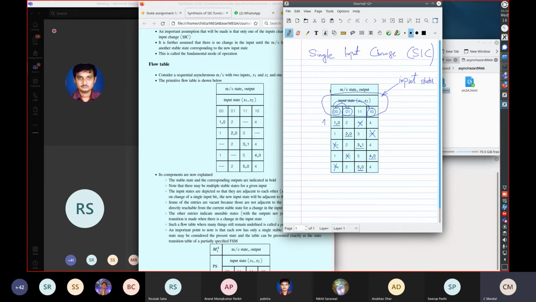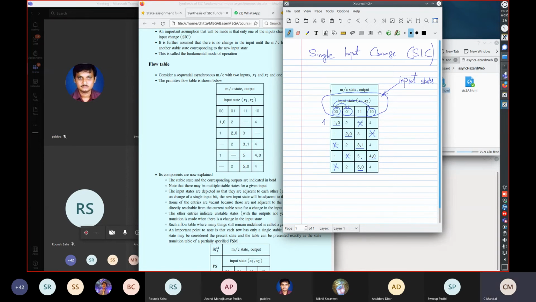Now, if you look at state 3, from 1, 1 the input can change to either 1, 0 or 0, 1. If it changes to 0, 1, it makes a transition to the state 2, and state 2 is stable for this input. Similarly, it can make a transition to 1, 0 and go to state 4, and state 4 has a stable output of 0 here.